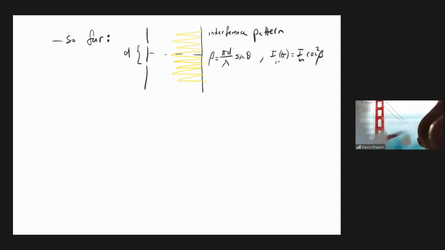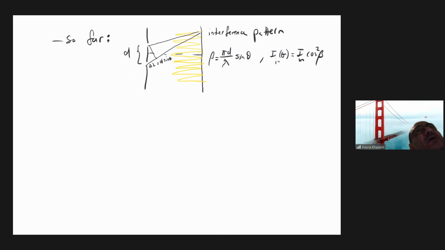okay. So you could tell, if you remember, we had two beams coming in, and the difference between the two was d sine theta. And if this difference was a full wavelength, you would get a constructive interference.